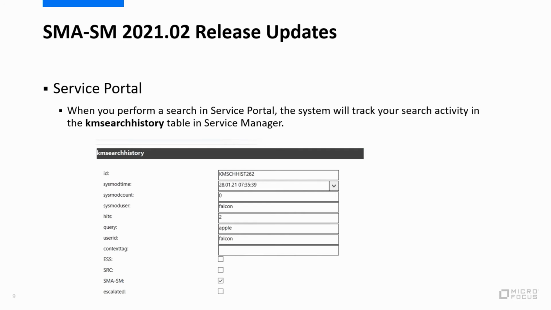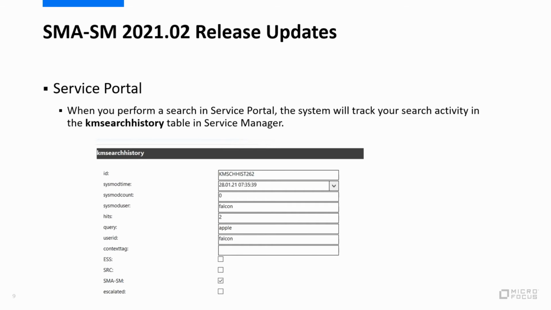And how many search records have been displayed in the service portal as well. All of this information will be tracked in the KM search history table of Service Manager for future analysis and tracking purposes.